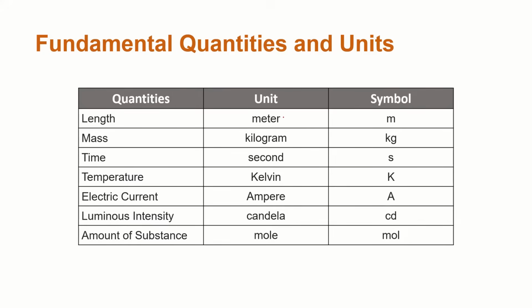Since these are fundamental, these units are also called base units. When something is a base unit, you cannot further divide it, or derive these units from other units. They are the basic units that you need to build other units or other quantities.